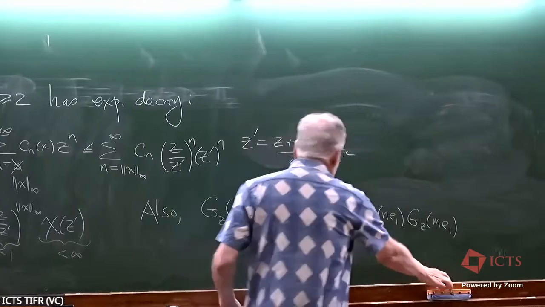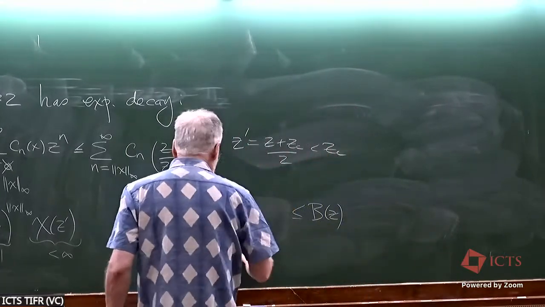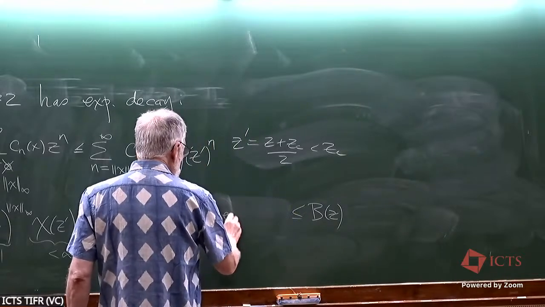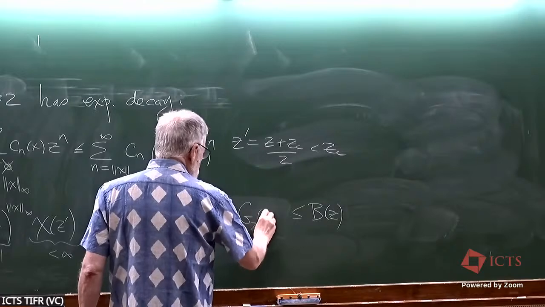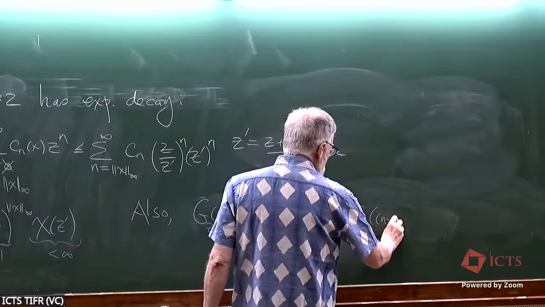No, sorry, I've got it the wrong way around. This product, g_z of n e_1 times g_z of m e_1, is bounded like that.